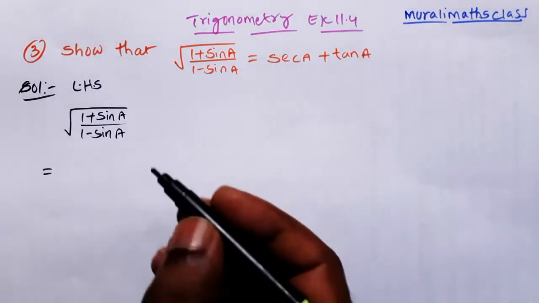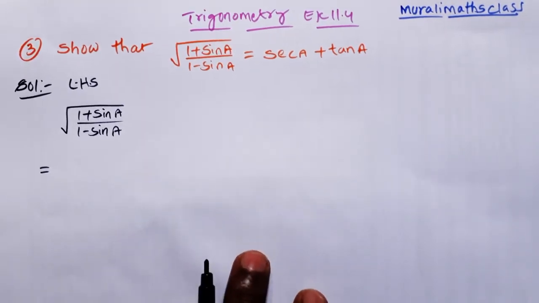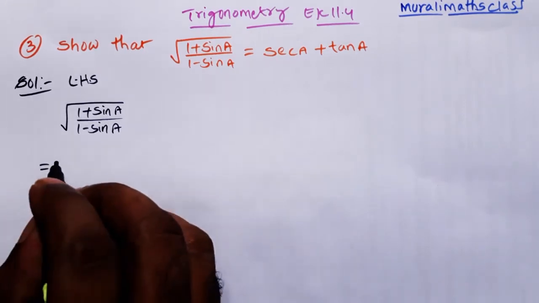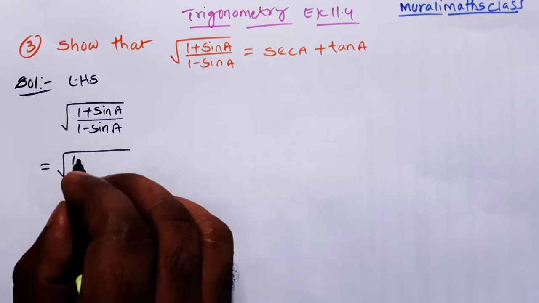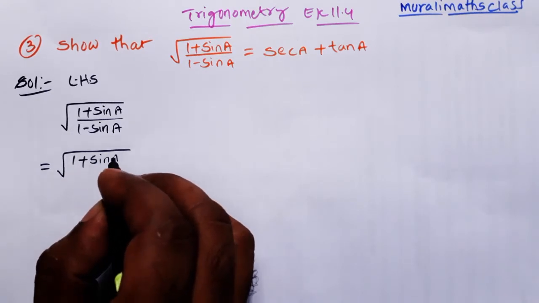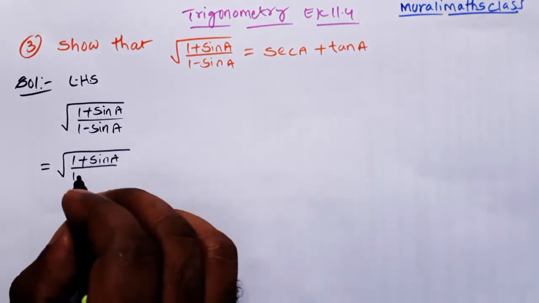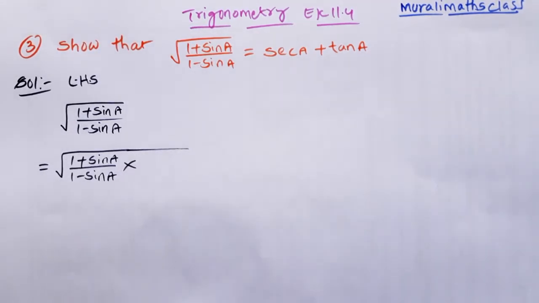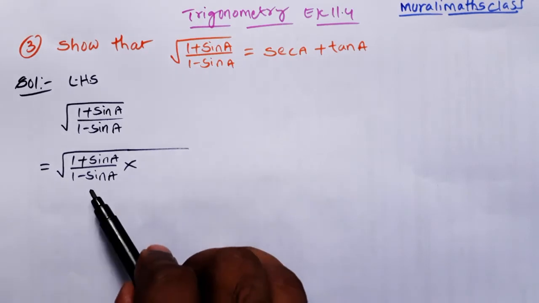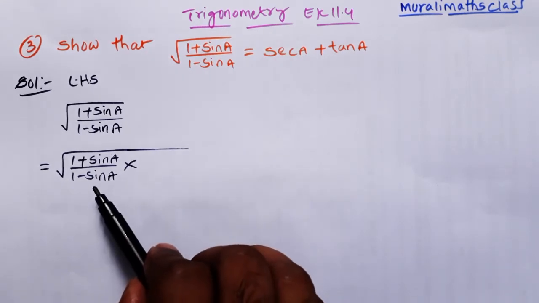See, step by step I will write how to simplify. Now what we have to do: 1 plus sin A divided by 1 minus sin A, into... we have denominator 1 minus sin A, no?